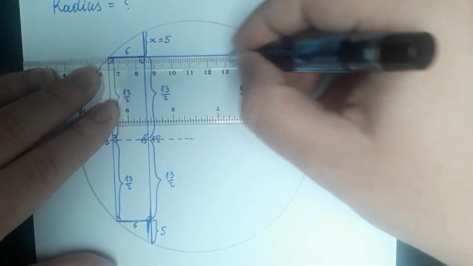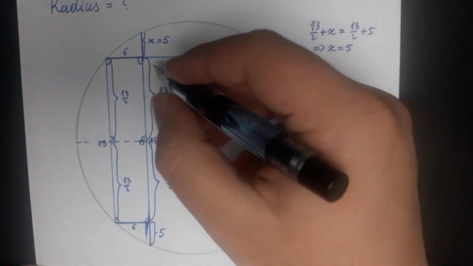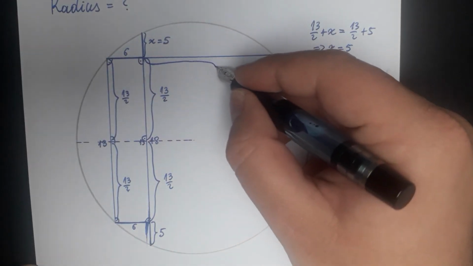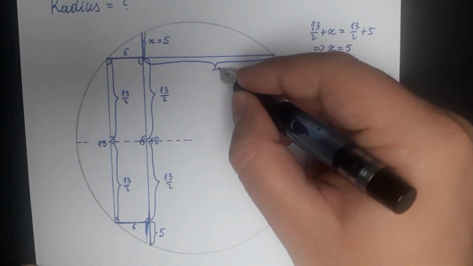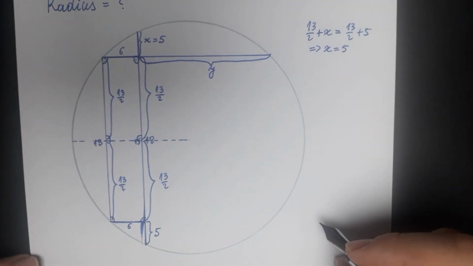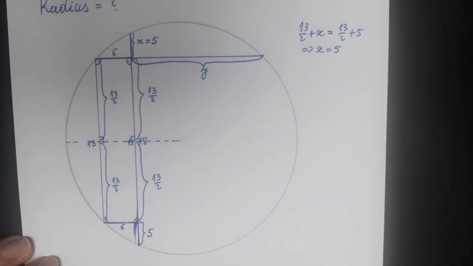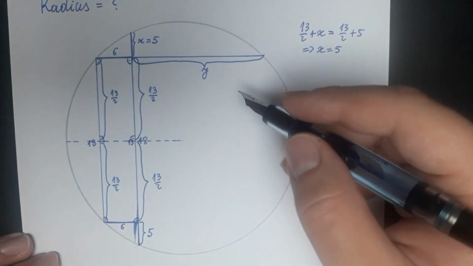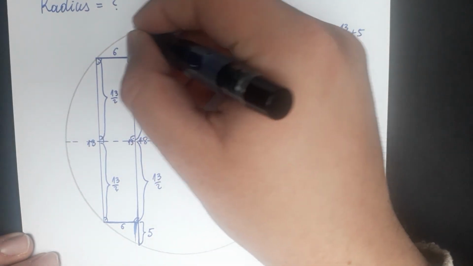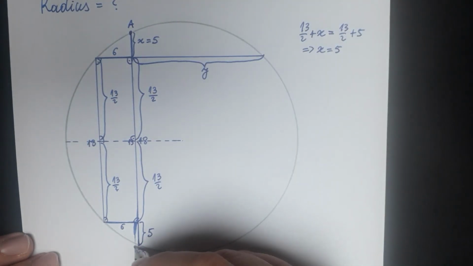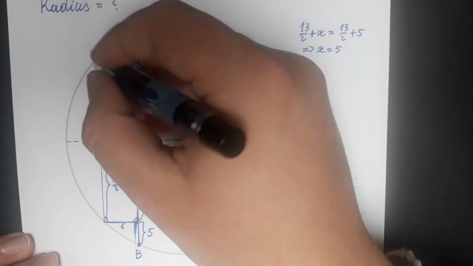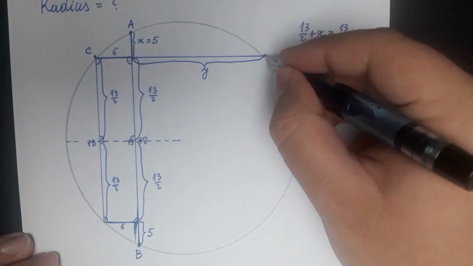Now let's apply this theorem to our problem. Let's draw a line like this. Now this is the piece which we don't know the length of. So let's call it the length of y. We are going to use the chord-chord power theorem on these lines. Now let's name these special lines that we are working with as A, B, and C, D over here.